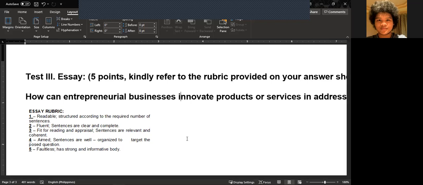This kind of rubric addresses the long term and the short term according to the instruction. Second, fluent, sentences are clear and complete. 3 points, fit for reading and appraisal, sentences are relevant and coherent. 4 points, aim, sentences are well organized to target the posed question. And 5 points, faultless, has a strong informative body.